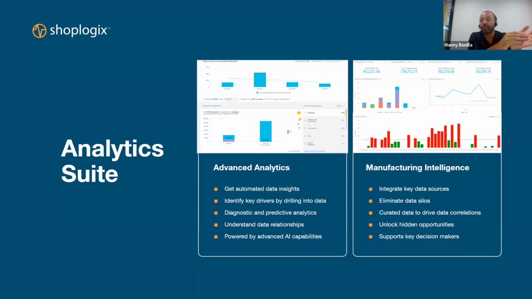And with the ability to ingest other sources of data, we are bringing the ability to find correlations with Shoplogix and your other systems that are possibly on-prem or only accessible to certain departments within your organization.